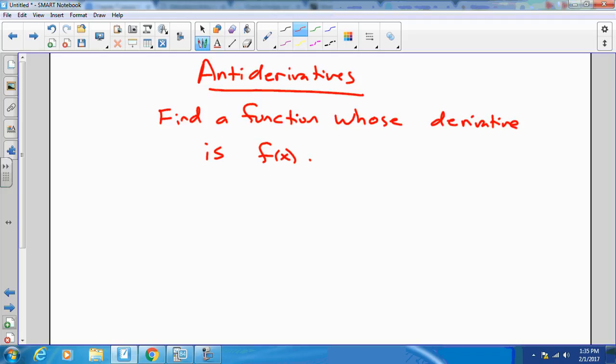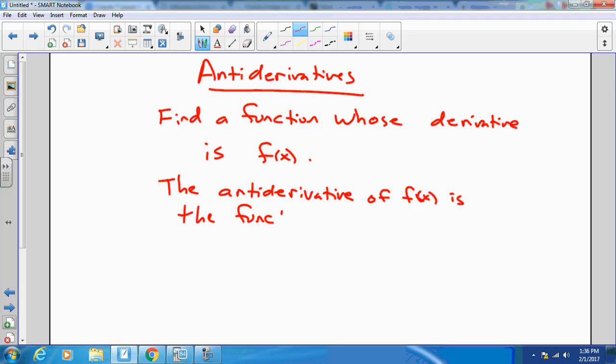And the question is usually posed like this: find a function whose derivative is f of x. Is there a definition? Yes. The antiderivative of f is the function whose derivative is f.